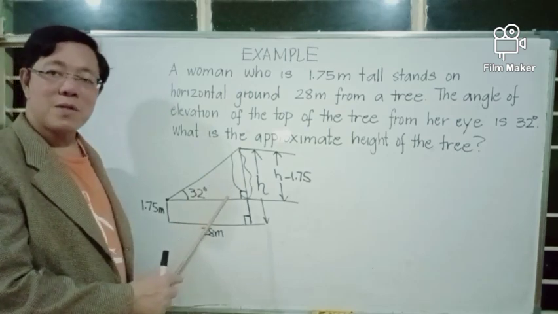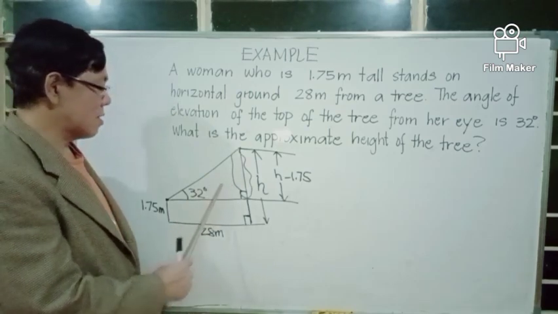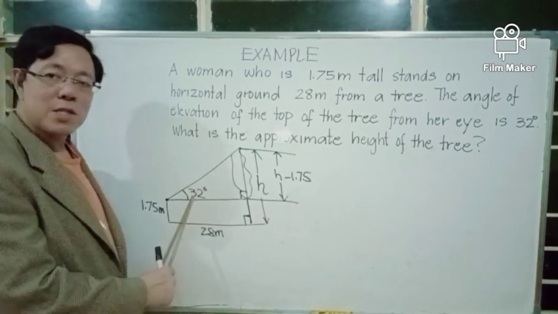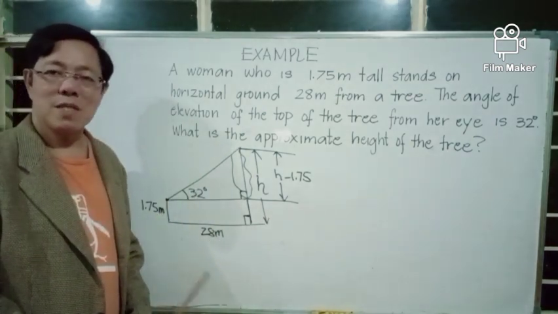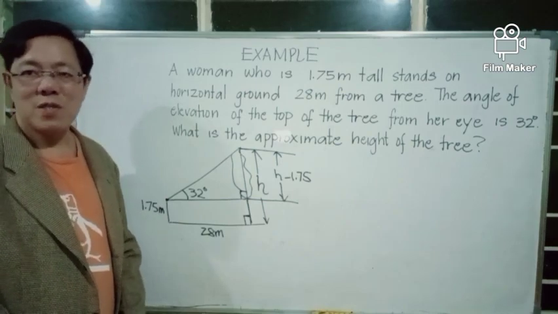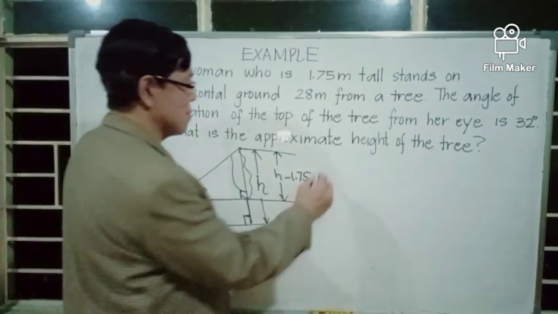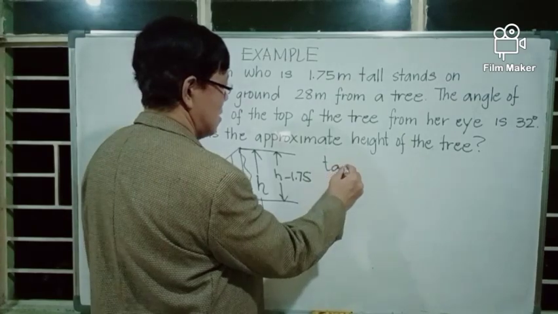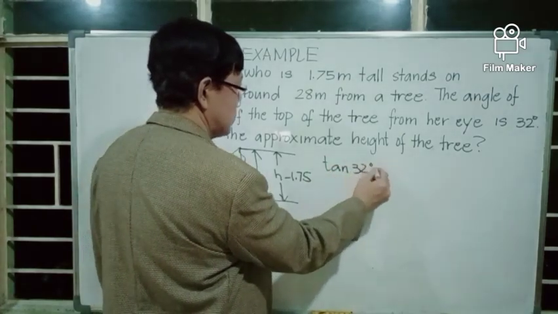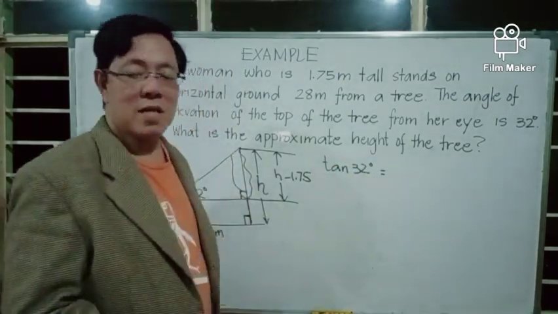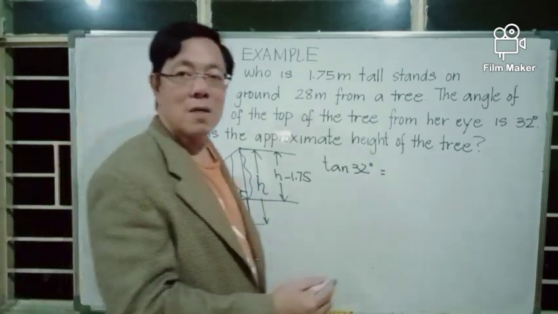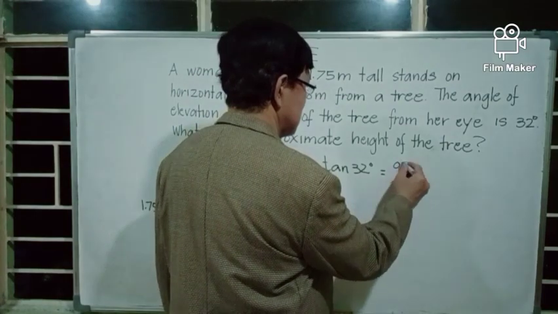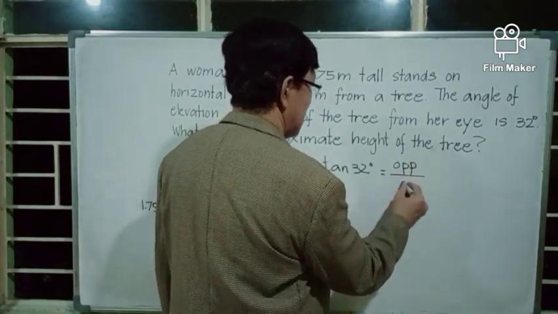And the trigonometric function that contains the side opposite 32 degrees and the side adjacent to 32 degrees is tangent. Therefore, we use tangent of 32 degrees. The tangent of 32 degrees is equal to the ratio of the opposite side and the adjacent side.